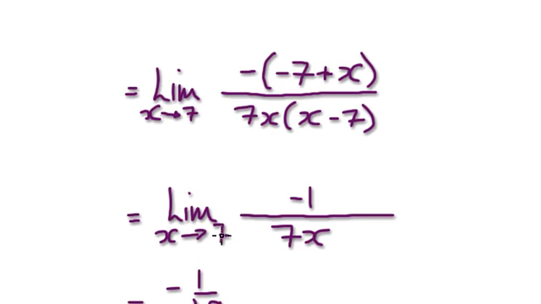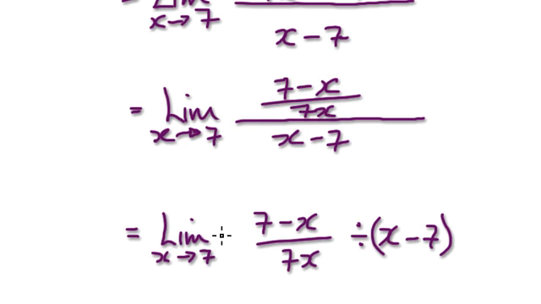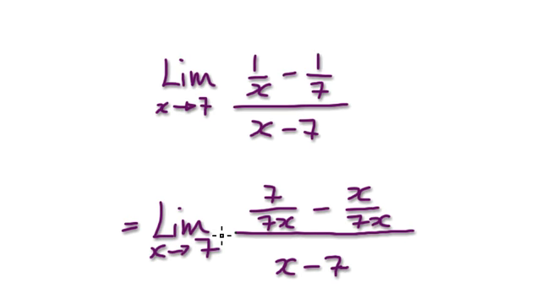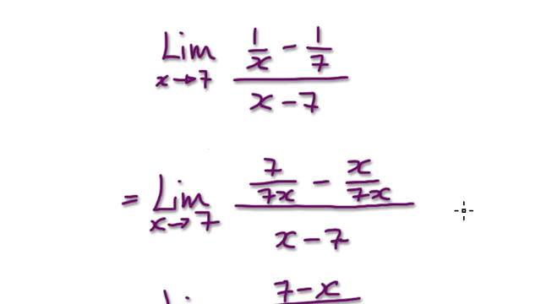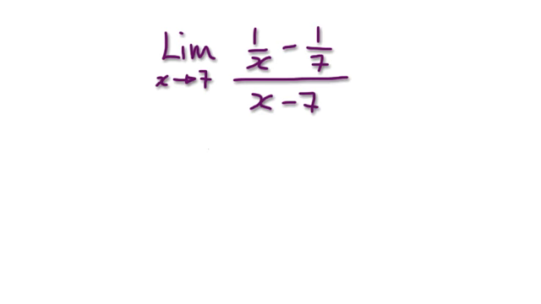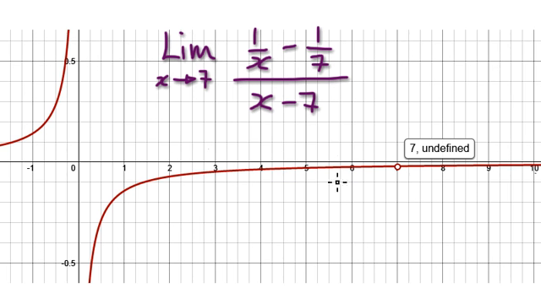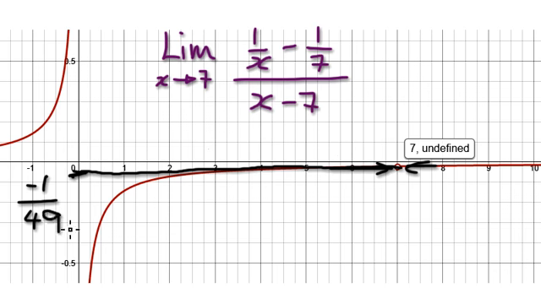So going back to our graph here, as x approaches 7, the y value here is negative 1 over 49.